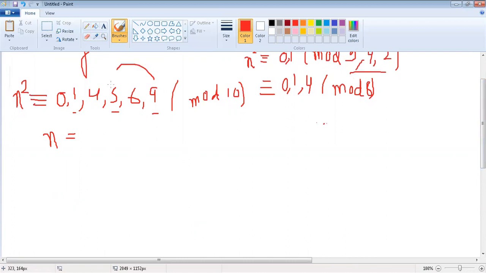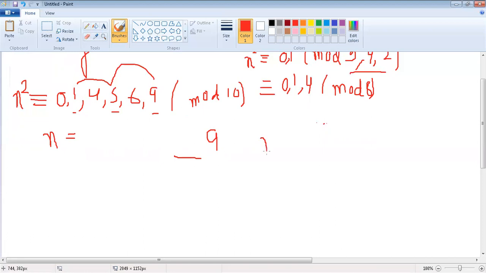So the second last digit, for example, if I ask you that any number which is a perfect square ends with 9, what is the second last digit? Is it even or is it odd? The answer will always be even in the case of 9, 5, 1, or any odd number which is a modulo 10 of a perfect square. And there are only 3 possibilities, 1, 5, and 9.